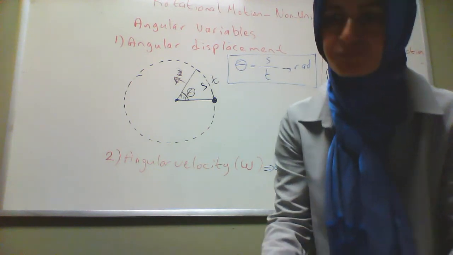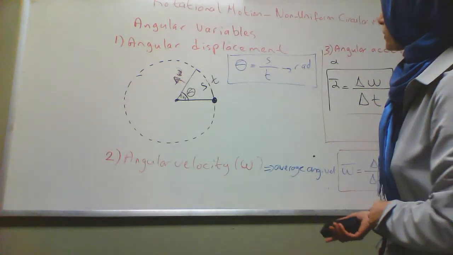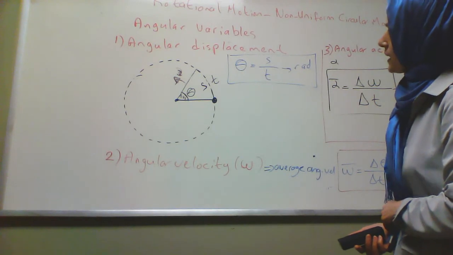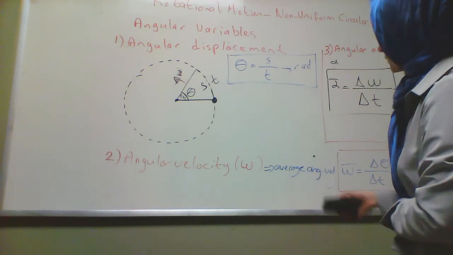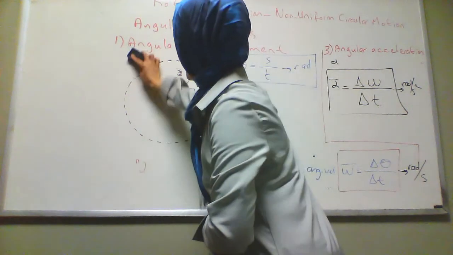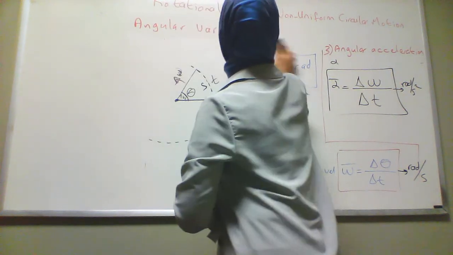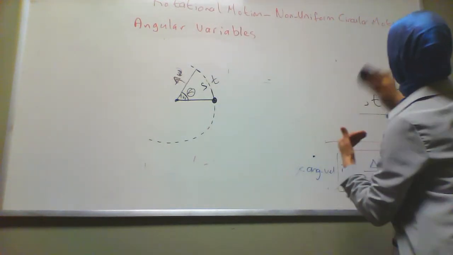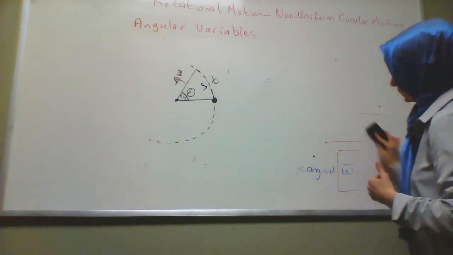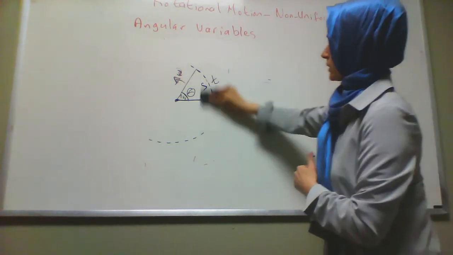Now, I'm going to jump into showing you the directions of these angular velocity and angular acceleration. I'm going to delete this. This is extra information that we're going to use in the future when we come to cover torques and angular momentum.